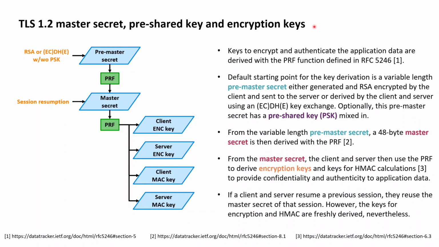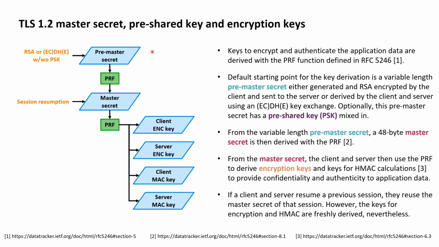The keys used to encrypt and authenticate later application data are derived with the pseudo-random function PRF, which is defined in RFC 5246 and which we will have a look at on the next slide.